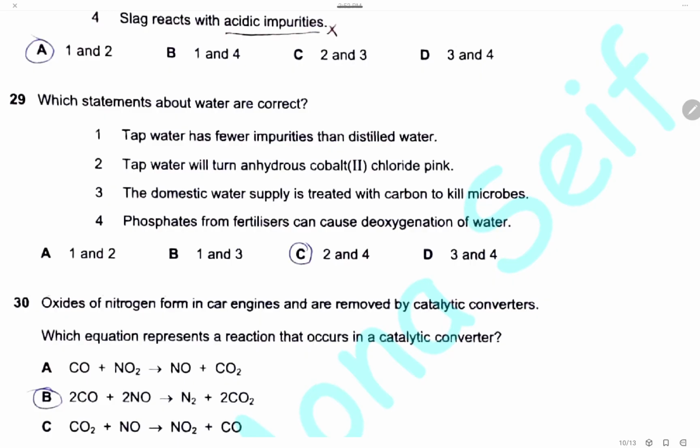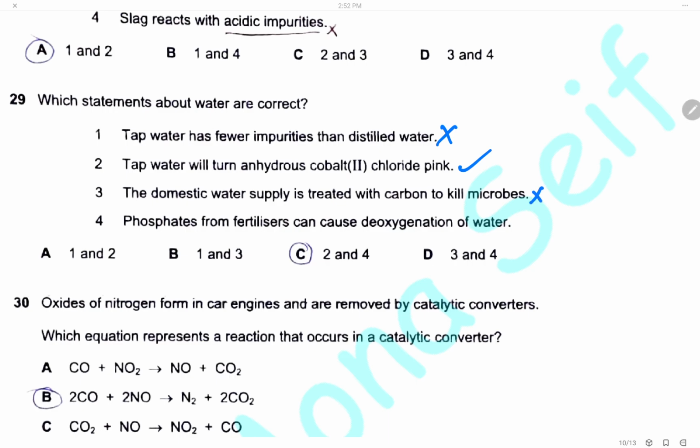Question 29. Which statements about water are correct? Tap water has fewer impurities than distilled water. This is of course wrong. Tap water will turn anhydrous cobalt chloride pink. This is a correct statement because the cobalt chloride changes from blue to pink by adding water. The domestic water supply is treated with carbon to kill microbes. This is of course wrong.